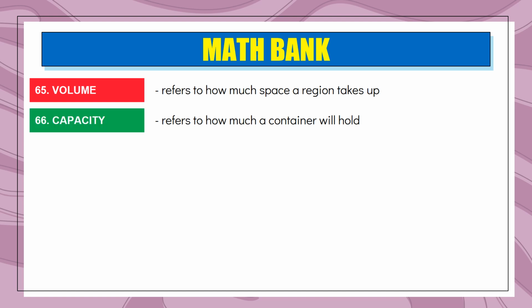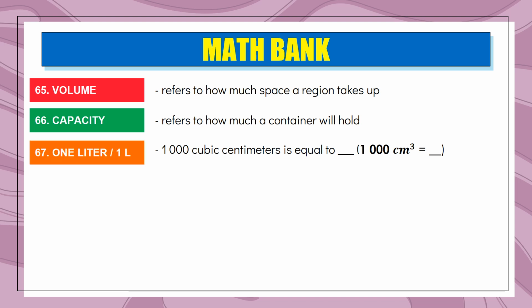Yes, this is capacity. Next one, 1000 cubic centimeters is equal to blank. Or in symbol, mathematically speaking, 1000 cubic centimeters is equal to how many? In volume. Yes, that is 1 liter or 1 L. Okay, so this is the symbol.